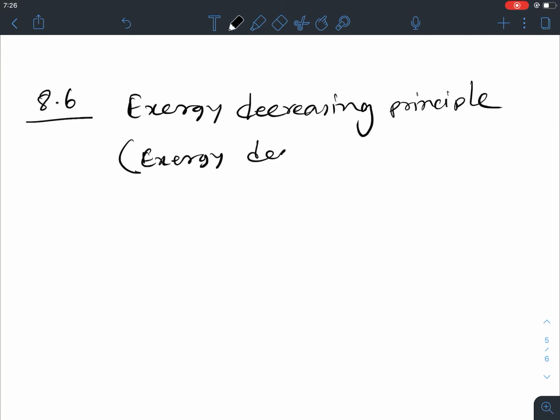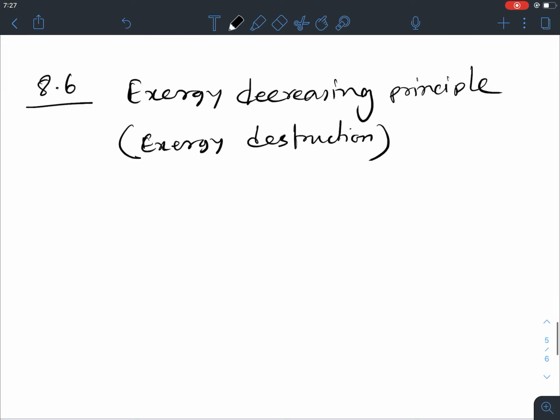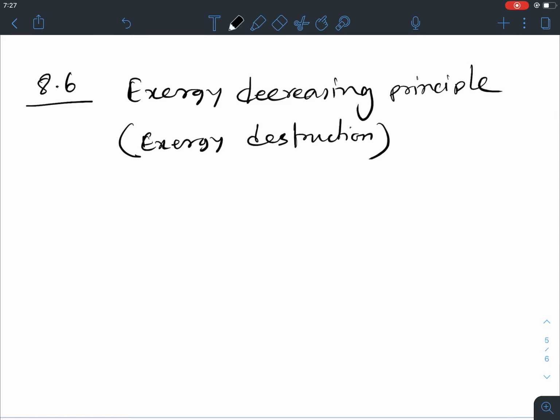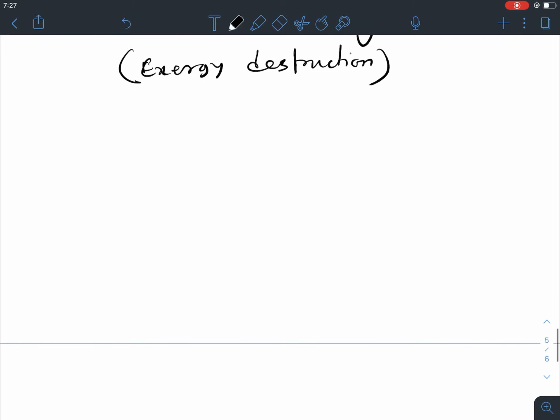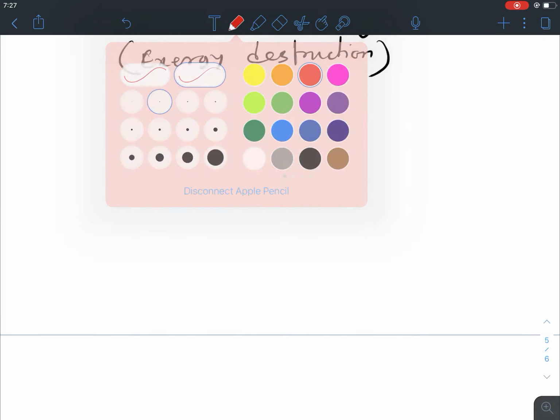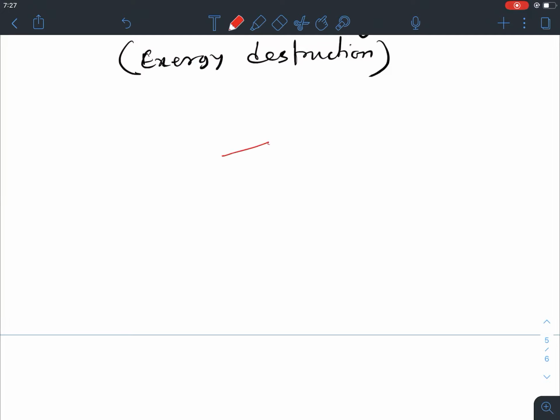Exergy decreasing principle, or exergy destruction, right? So let's consider a closed and isolated system, right?